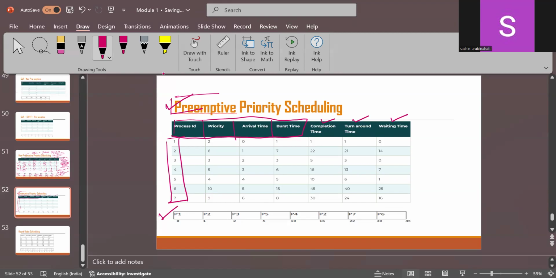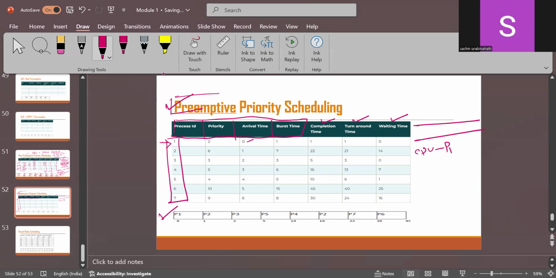First we have to look at the arrival times. At time zero, how many processes are available for execution? Scanning the arrival times, at zero time there is only one process, P1, available in the queue. As only P1 is available, the CPU directly takes P1 for execution.